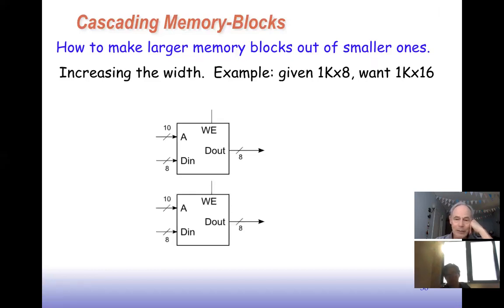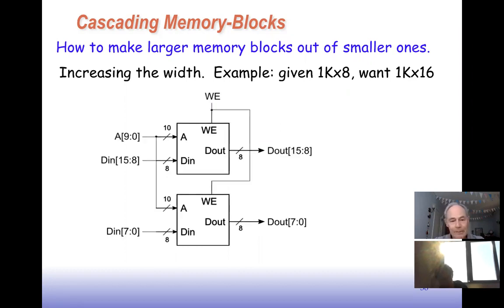We just instantiate another one of these blocks. And then we can combine these 2 D outs to make the output word of our bigger block, or 1K by 16 block, and combine these data ins to make the data input of the larger block. And the address lines we then just need to tie together, right? So we do it like this.